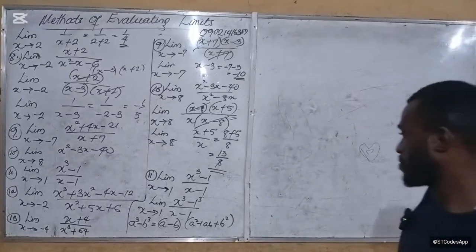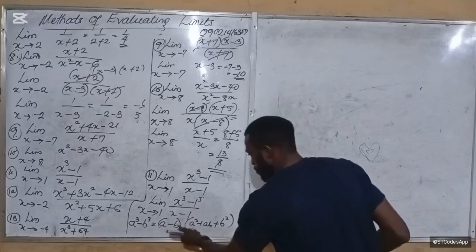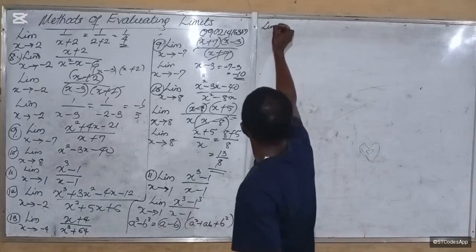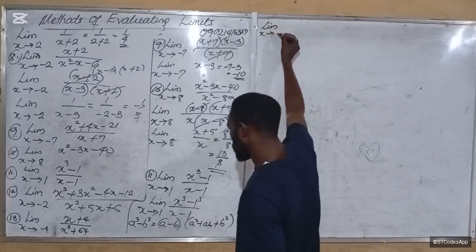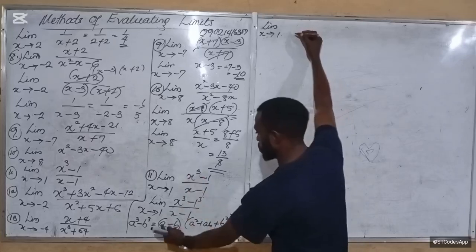So since our expression looks like this already, it's going to be x minus 1. Following this, the limit as x approaches 1 of this numerator will turn to this now.